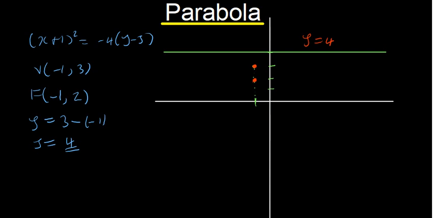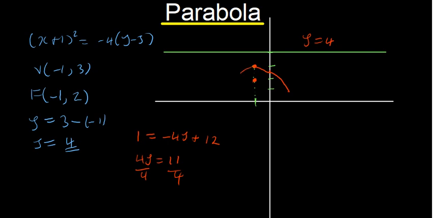So 1 squared, that would be a 1, is equal to minus 4y plus 12. I take it to the other side: 4y is going to be equal to 11. Divide by 4: 11 divided by 4 is 2.75, which might be somewhere here. So we now know where it's going to pass.